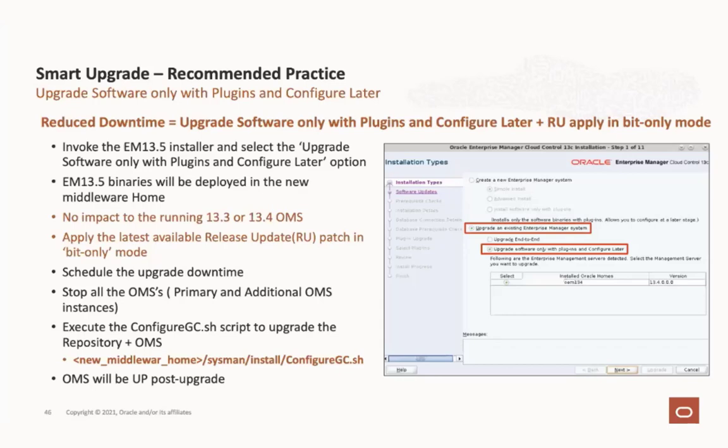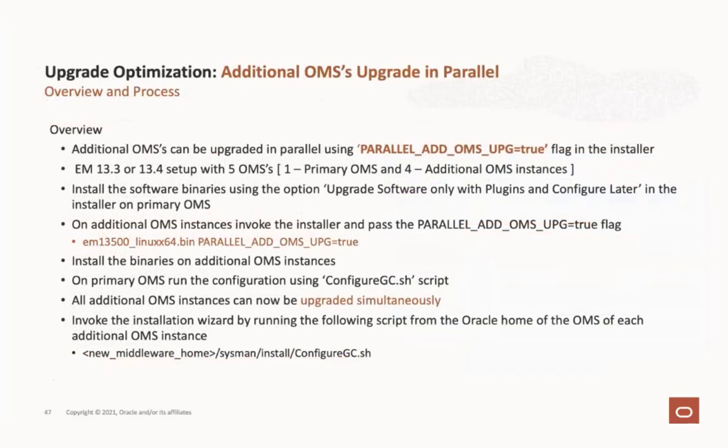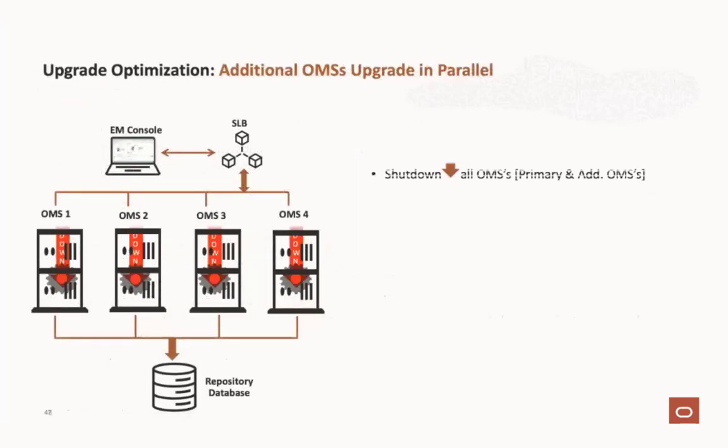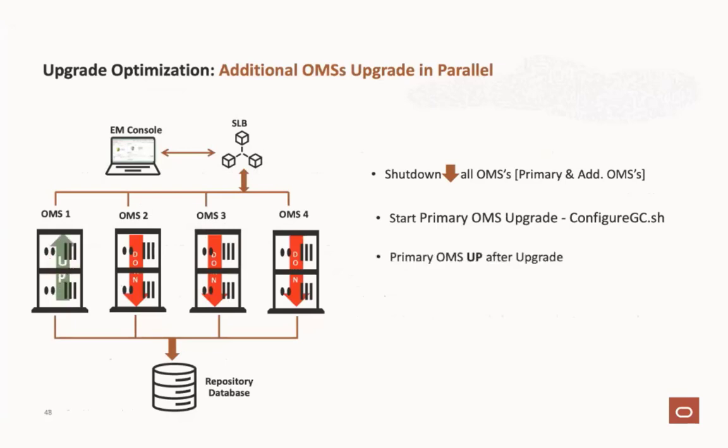So next is about your additional OMS upgrade, where if you have multiple OMSs and multiple additional OMSs, and you want to optimize, where you don't want to go to individual OMSs and do the upgrade, we have this parallel OMS upgrade, where you can just shut down all the OMSs and upgrade the primary. Once the primary upgrade is completed, it will be up, right? Because your primary is already upgraded, you can still keep your monitoring, or you can just log into the system and see the targets and all.